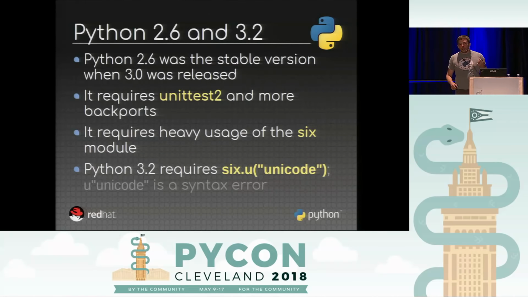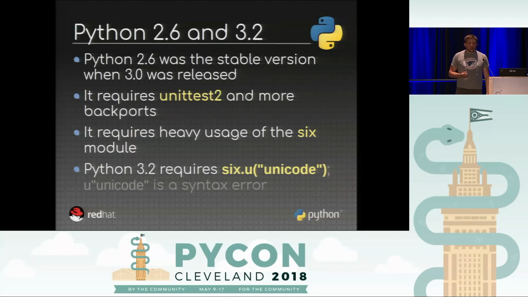To explain other issues that we had: when Python 3.0 was released, the stable version of Python 2 was Python 2.6. And this version requires a lot of changes when you would like to write a single code base for Python 2 and Python 3. There is something very convenient, which is the six module. It's a module which behaves the same on Python 2 and Python 3, but the implementation is different depending on the Python version.